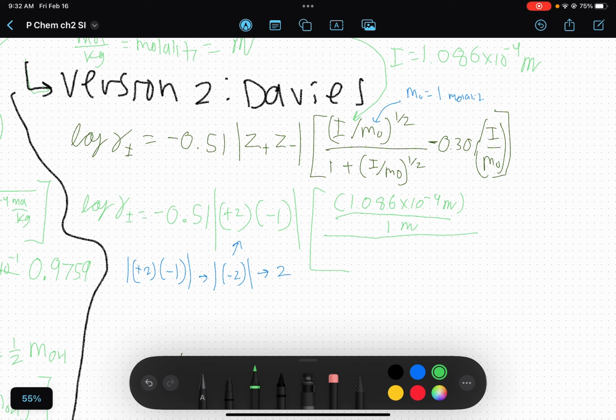Divided by 1 plus, that needs to be to the power of 1 over 2. Here's the paste. Ugh.